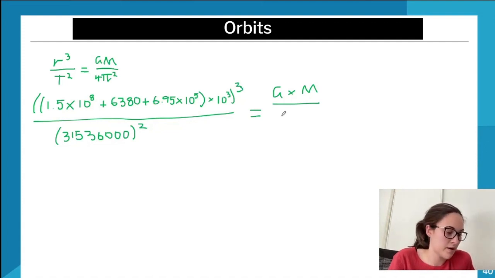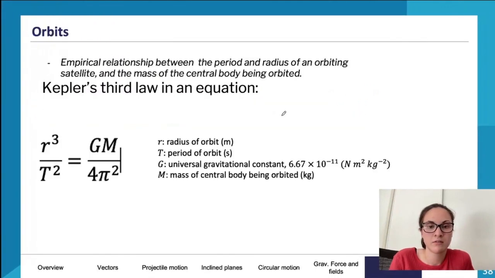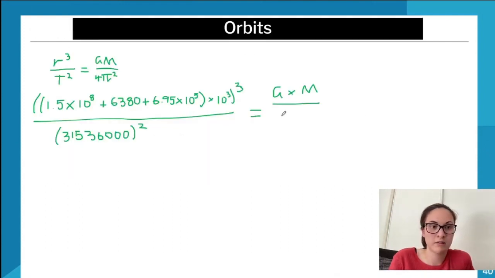And then we're dividing by the gravitational constant, which is 6.67 by 10 to the negative 11, I should say, sorry. And our mass is going to be very big. It's going to be 2.04 by 10 to the 30 kilograms.